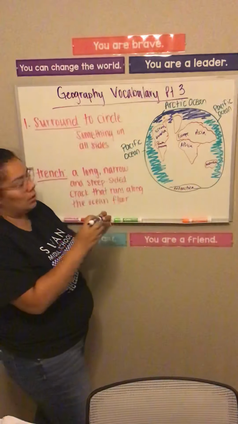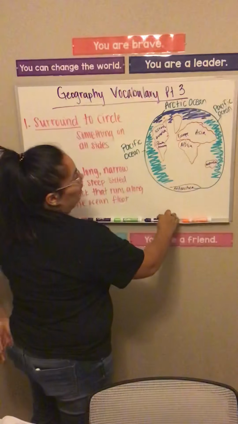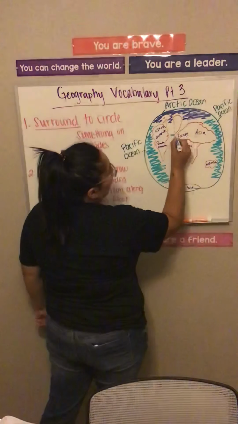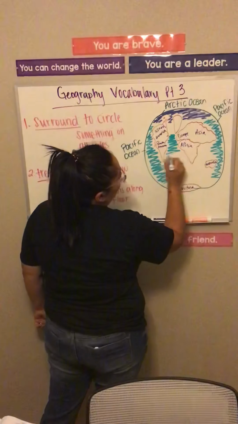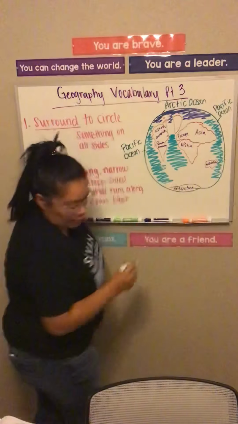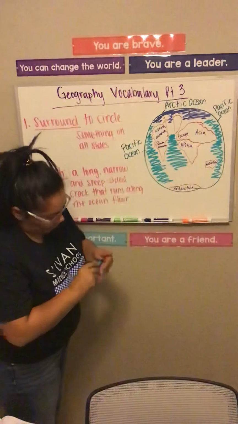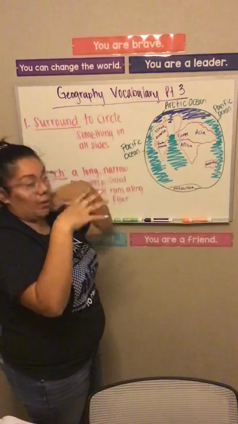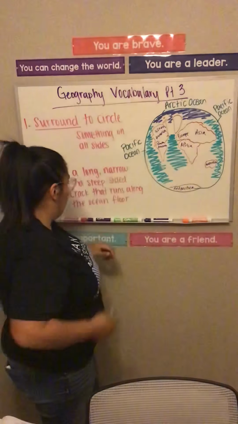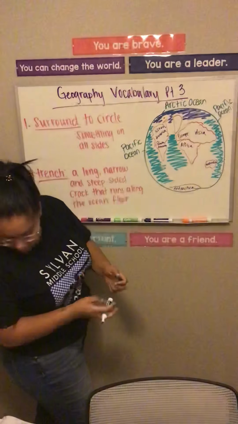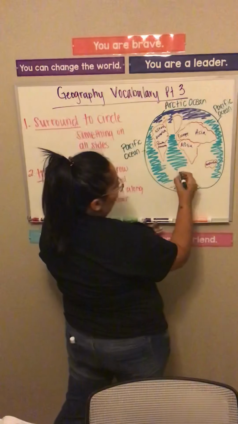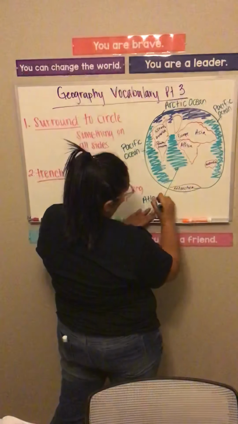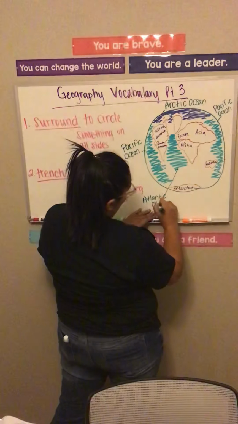The next one is actually in between all of these continents right here. So all of this, and it kind of meets in. Right, all the oceans actually like kind of run into each other, but where they mainly are is right in here. So this one is called, I'm going to draw a little arrow, the Atlantic Ocean.